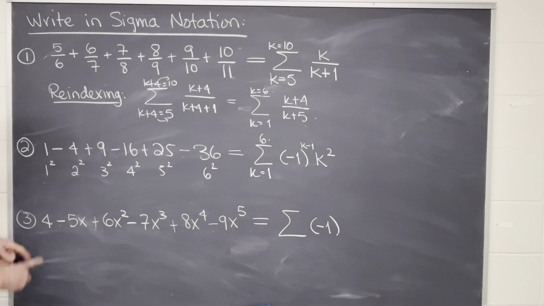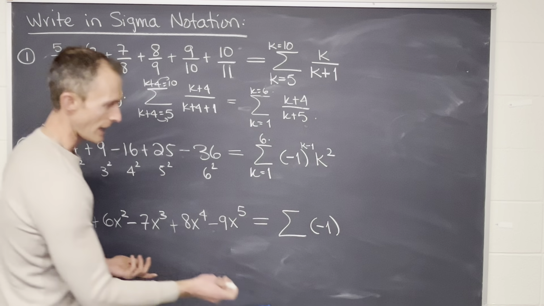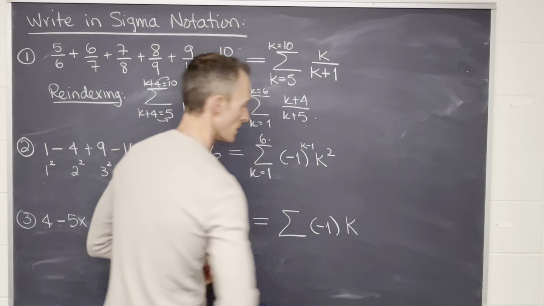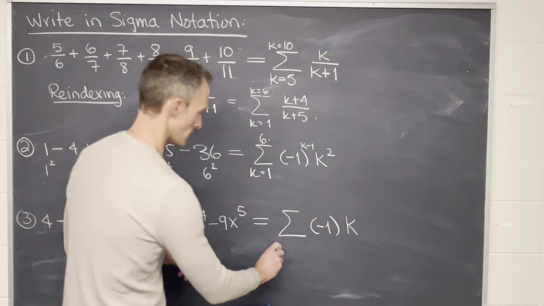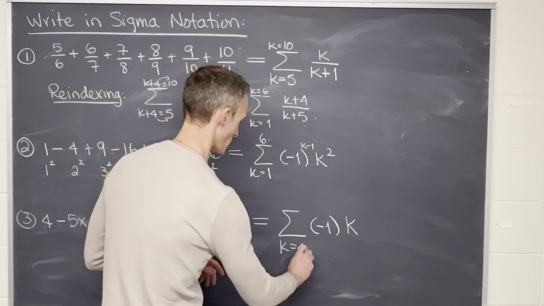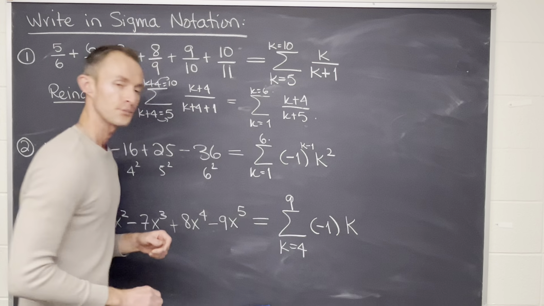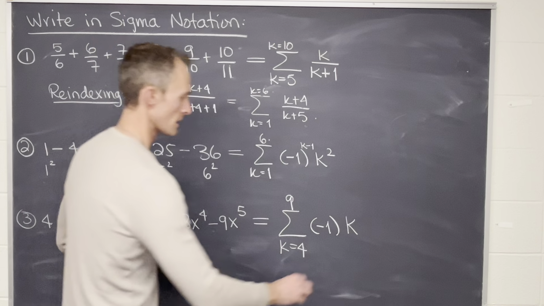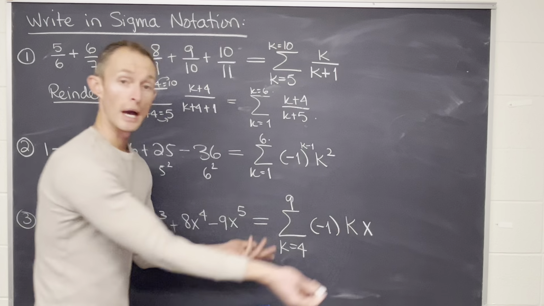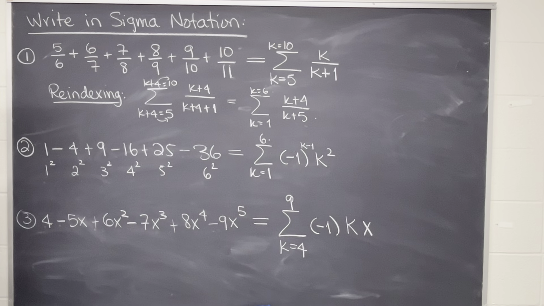So that suggests that if I just put this as k, for example, then I would want k to start from 4 and then go up to 9. So I would say k equals 4 up to 9. Okay, but I haven't accounted for the x's yet, so that's going to be x raised to some power. I don't know what that power is yet. So that's my start.